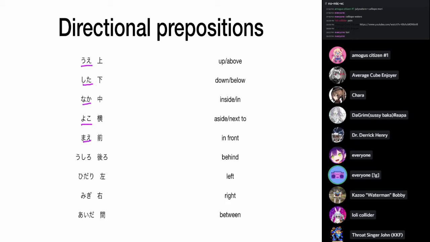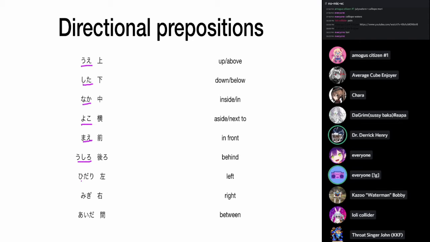We have mae. So mae is in front or before, whichever you need to use. So mae. And then the opposite of mae is ushiro. So ushiro is behind. Next we have left and right.